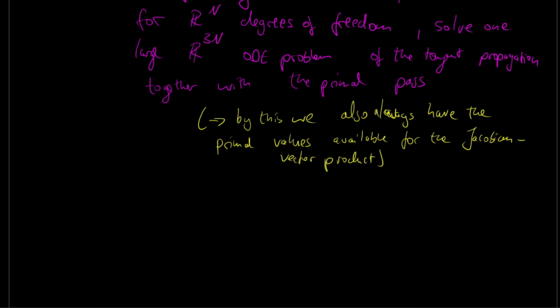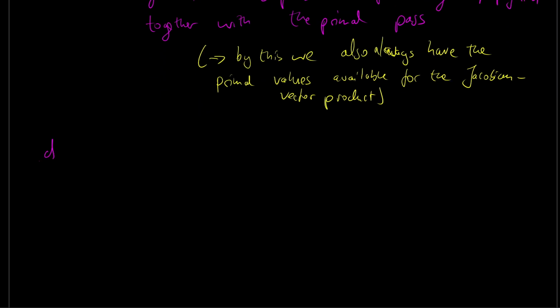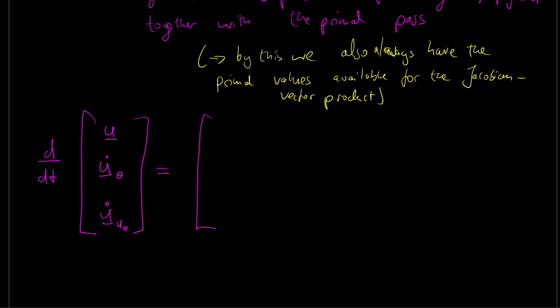Okay, so how does that system look like? Let's make that really clear. In essence, we now have the ODE system, which consists of the primal vector u, then the tangent contribution vector from theta, and the tangent contribution vector from the initial condition. And the dynamics of that system are given that the derivative of the primal will obviously be the function. So it is as before, this is a primal pass.